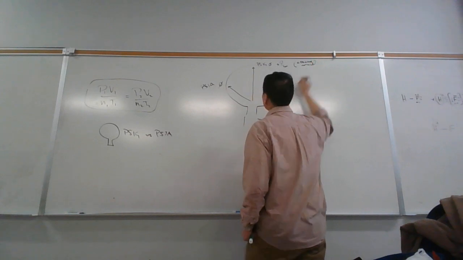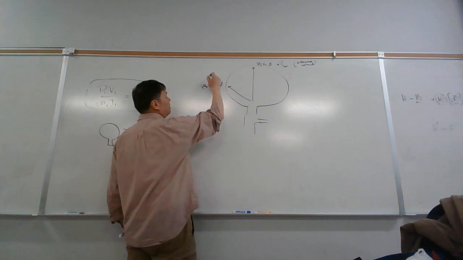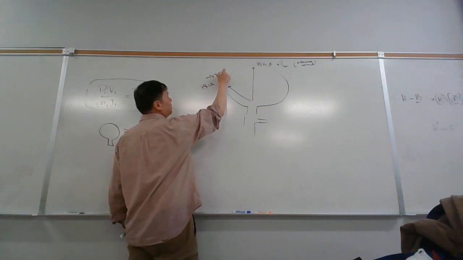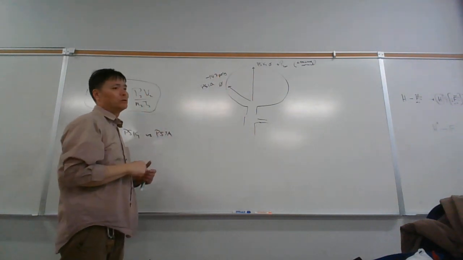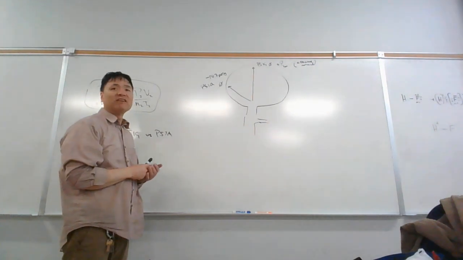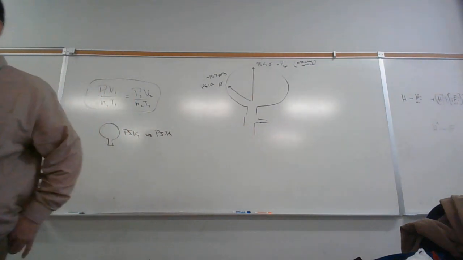If it's normal, then when we hit 0 here, the gauge is going to read minus 14.7 psi G. That's called minus 14.7 psi vacuum. Vacuum is just lower than normal atmospheric pressure.